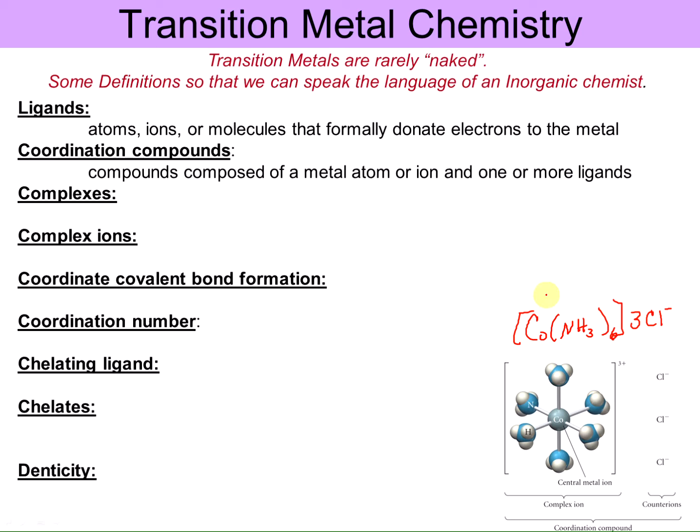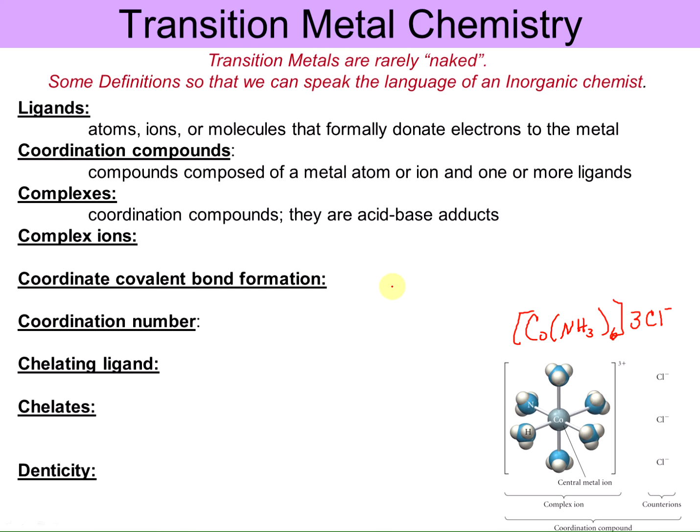So this entire thing is the coordination compound. Now the brackets here tell us what's actually attached to the metal. Each of these amines, those are ammonia molecules, and when they're attached to a metal, we change the name to amines. So each of those amines that are attached to the cobalt, right here, forms a complex.